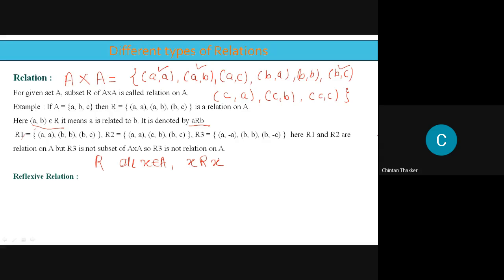Meaning R will contain the elements of the type (x, x).